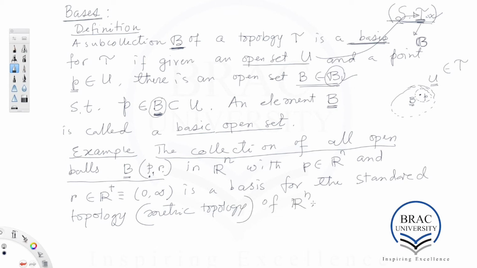Okay, so in the standard topology of R^n, there is a huge collection of open sets, but we're not going to take all these open sets. We just take a subcollection of the open sets consisting of all open balls. And this subcollection forms a basis for this metric topology on R^n.